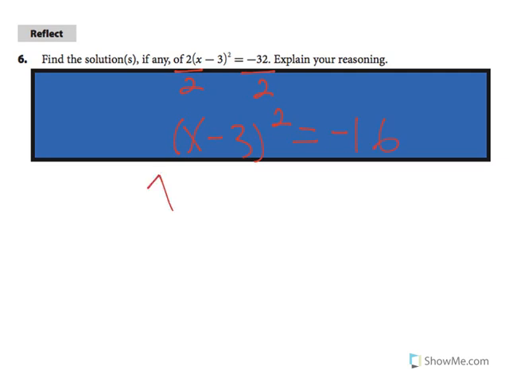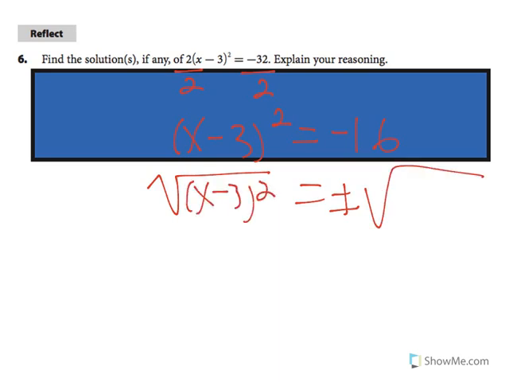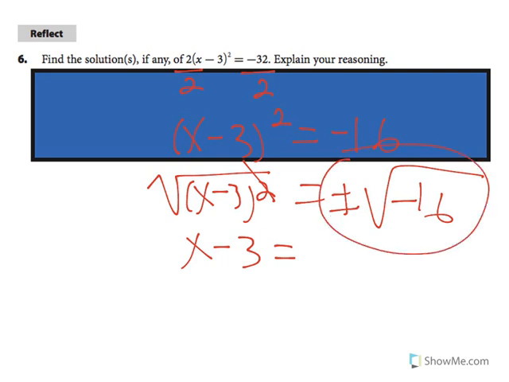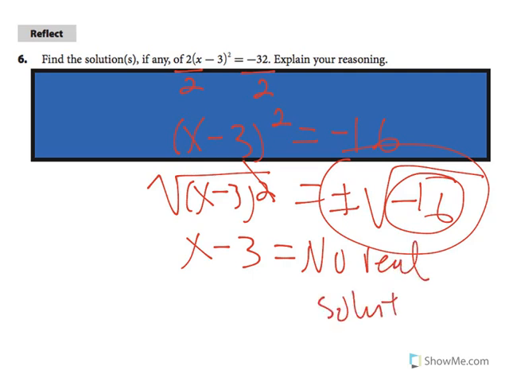So now we can take the square root on both sides. So we have x minus 3 equal to, well, this part here, we have a square root of a negative number. So we see that we have no real solution.